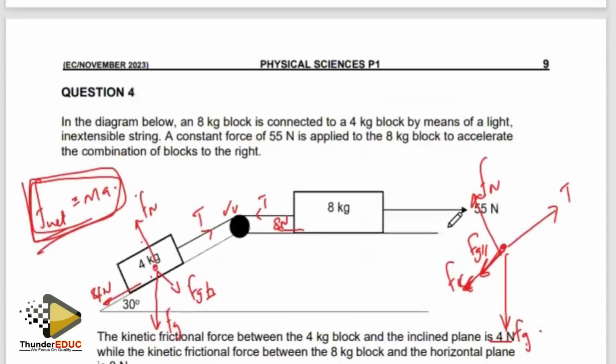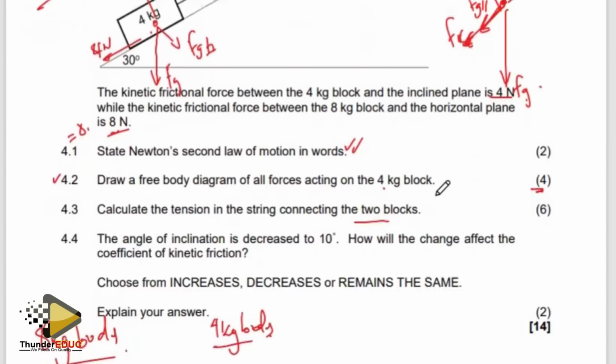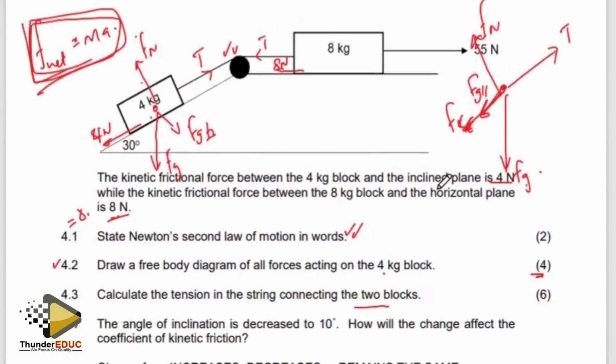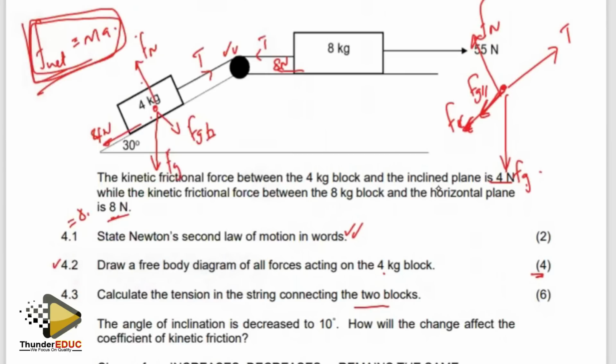Then when I look at my 4 kilogram body, okay, the 4 kilogram body, just using this approach so that we can just split it up one at a time. But we can also look at it as a whole. Okay. So with that, I have my tension. So the tension is going to be leading. So we're saying F net is equal to ma.